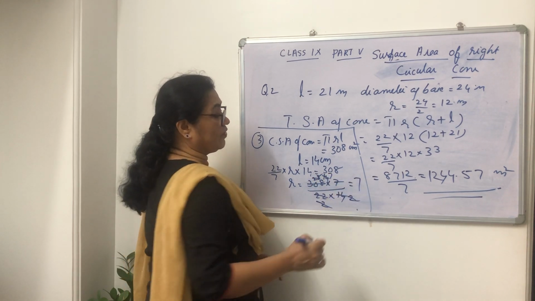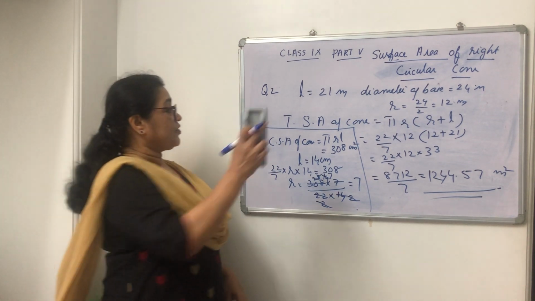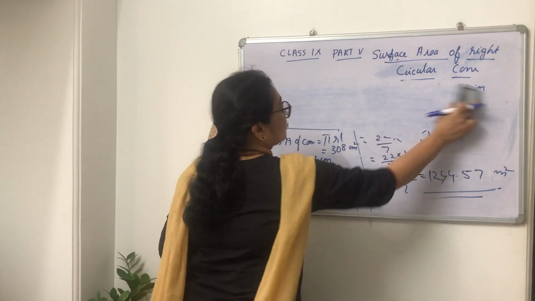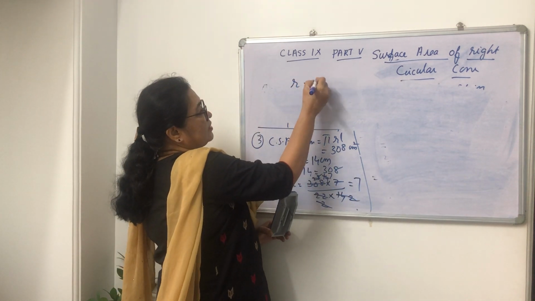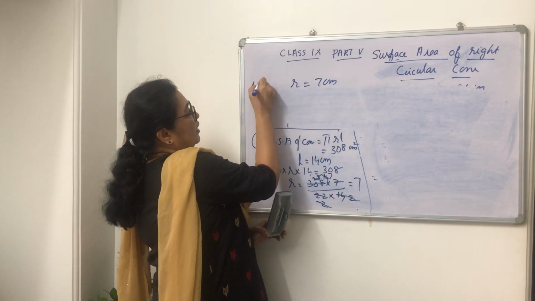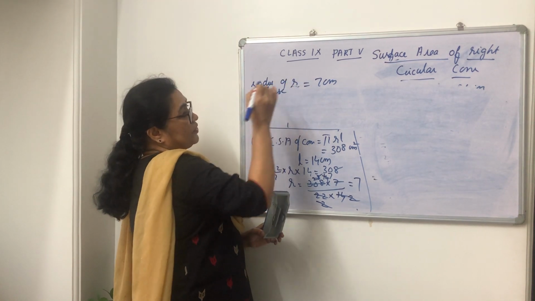So R is 7. The radius of the base is 7 centimeter.